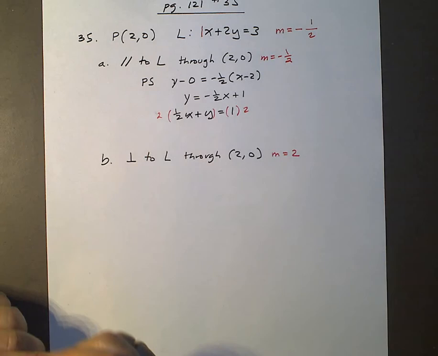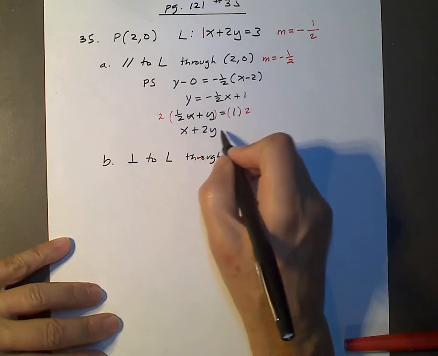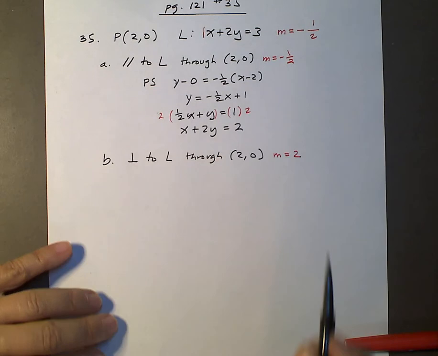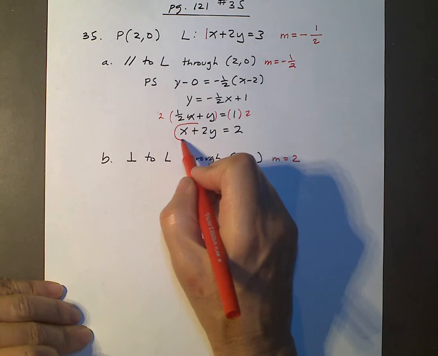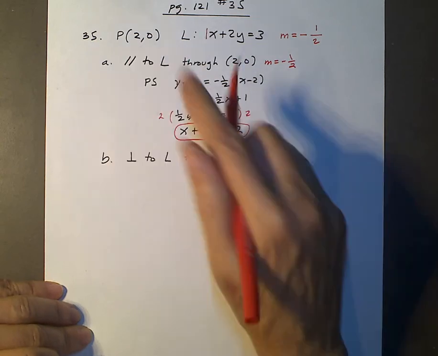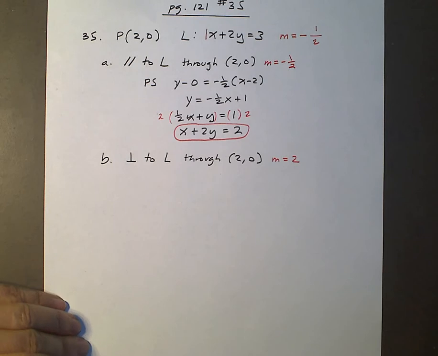So I have 1x plus 2y equals 2. Okay, so you can check it with the point (2, 0), and that works. And because of that, I'm going to show you another way that you could have done this problem.